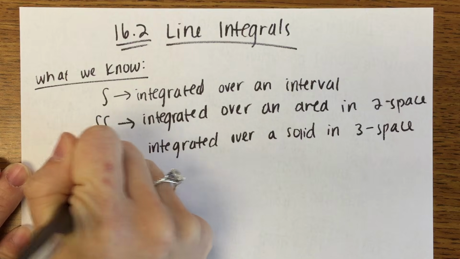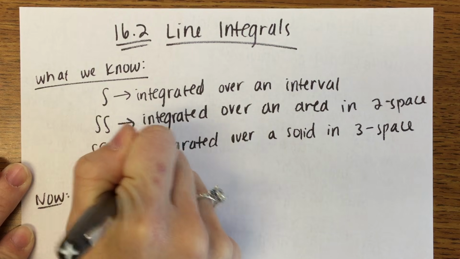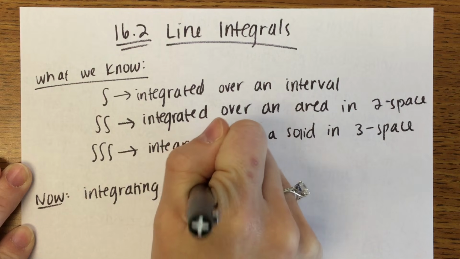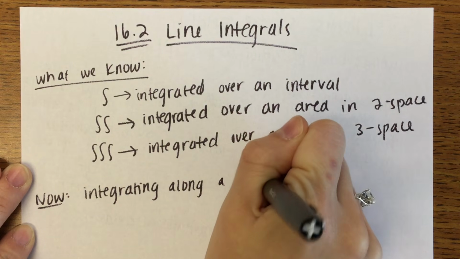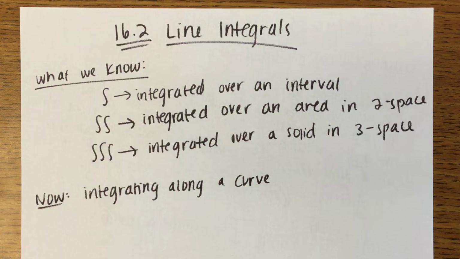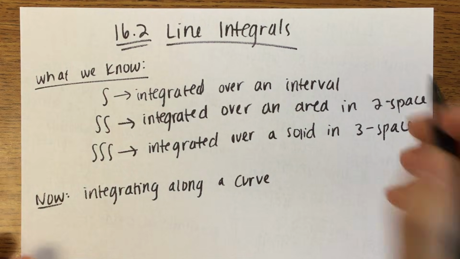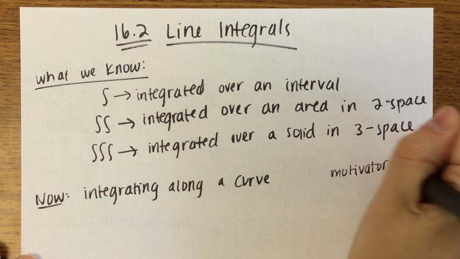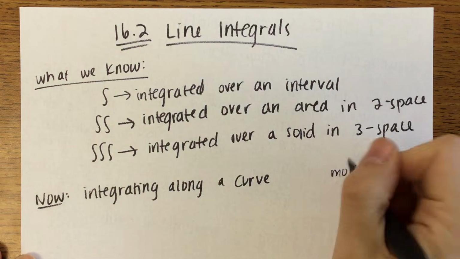Now what we are going to do is we will be integrating along a curve. And of course the natural question, besides how do we do that, is why would we bother? So here are some motivations for why you would choose to integrate along a curve.